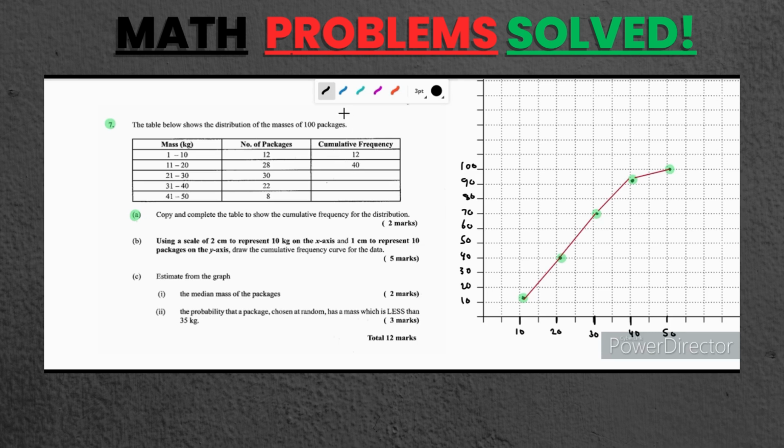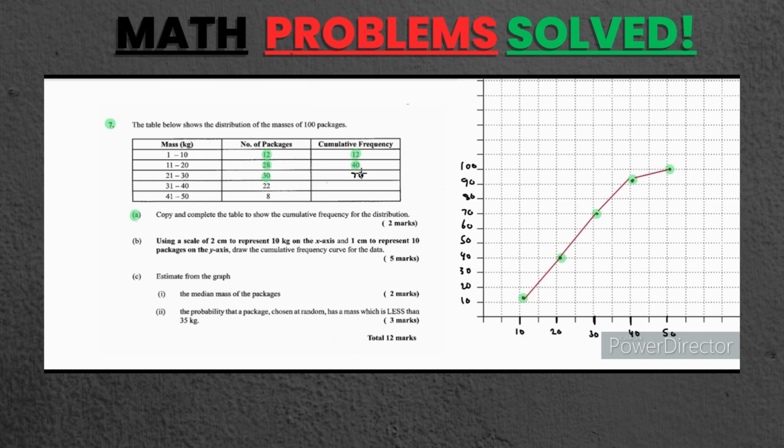You can see how to find the cumulative frequency. First of all, you will write this number as it is. So it's 12. Then you will add this number to this. 28 plus 12 is 40. So the next cumulative frequency will be 40 here. Similarly, we will do 30 plus 40. We know 30 plus 40 is 70.